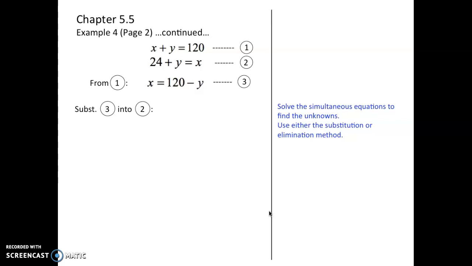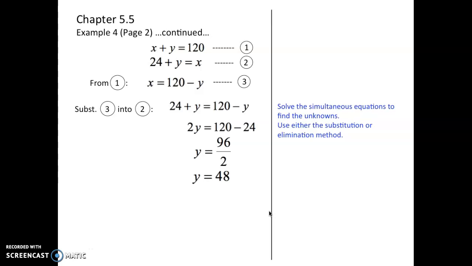When I substitute equation 3 into 2, I will have 24 plus y equals x, which is 120 minus y. Bringing all the y's to the left-hand side, I'll have 2y equals 120 minus 24. Remember to change the signs when you're moving your terms. Hence, y equals 96 divided by 2, which gives me 48.